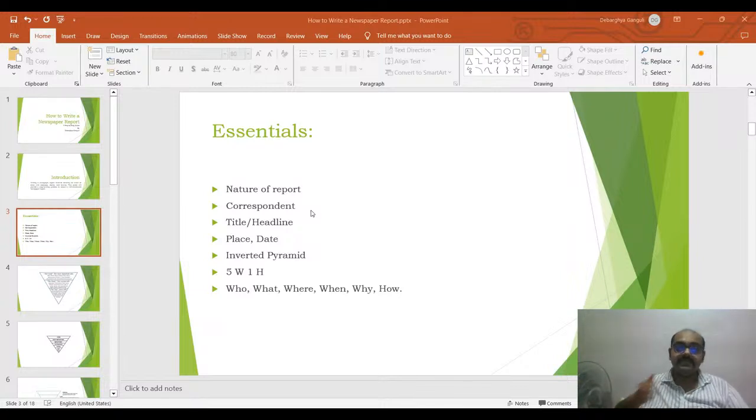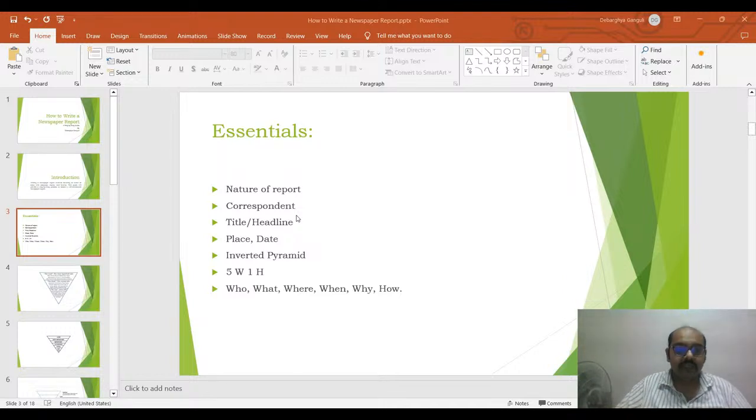So for such events, every news house has a special correspondent. That special correspondent is the person who looks after such events of grand importance. So whenever you are writing a report, under the title on the right hand side, you must mention by a staff reporter or by a special correspondent.